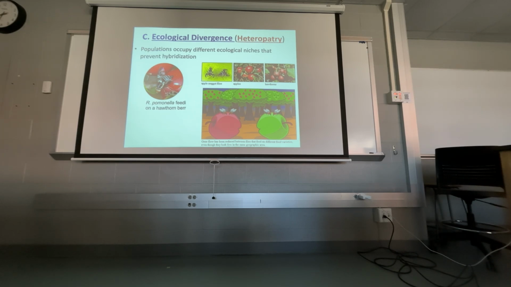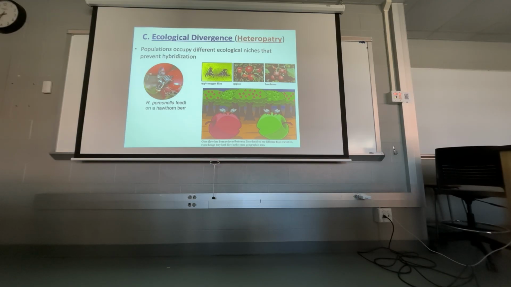And of course, these flies, at least part of the population, started feeding and laying eggs and reproducing on the apples versus the hawthorns. Now, interestingly, apples, we have grown them artificially so they produce big fruit and they do it quickly.